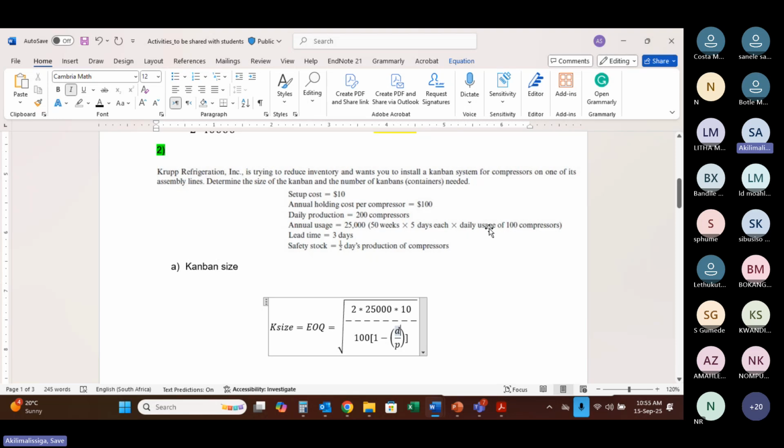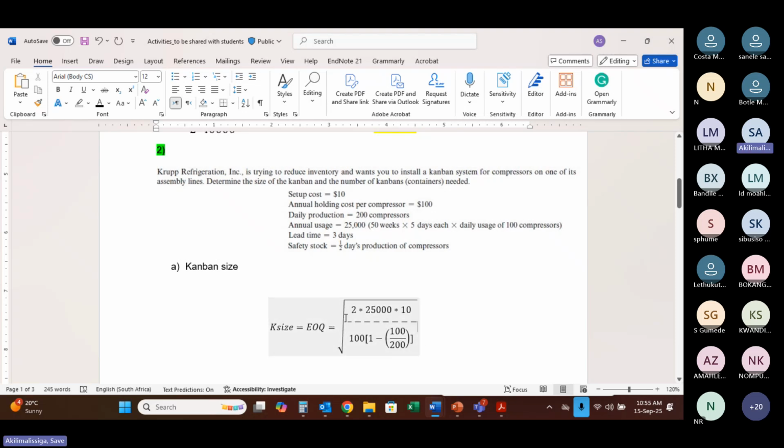And then you have the daily usage of 100 compressors, so this means that our daily demand is 100 compressors. Now below we have small p, the daily production. Daily production is 200 compressors. So again, you can always see that the daily demand is smaller than the daily production.